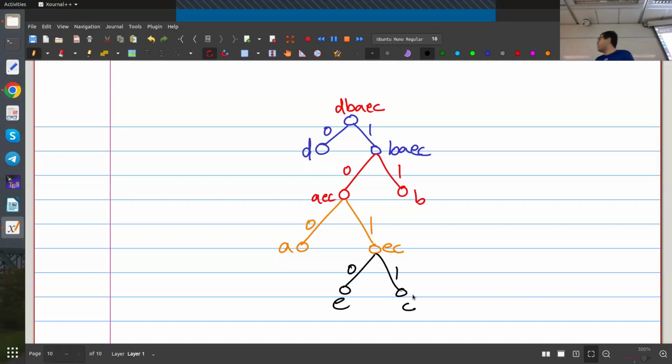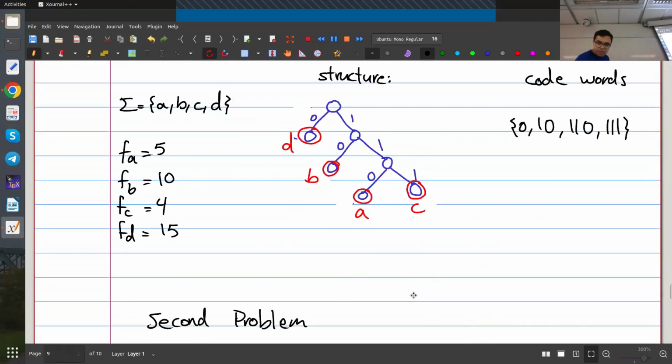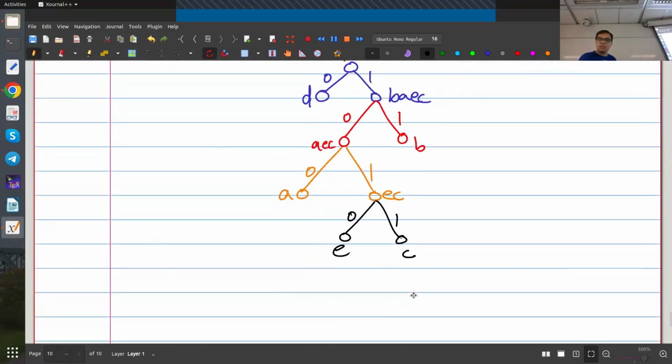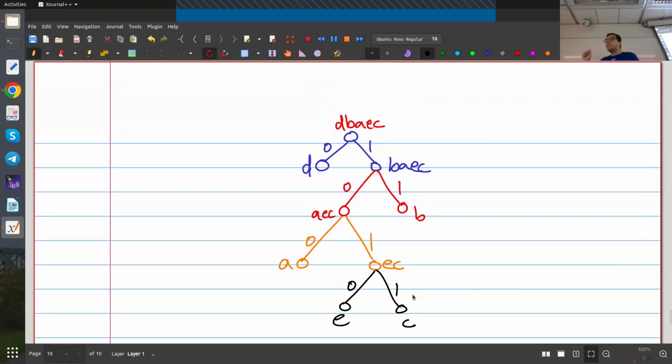So here's the thing. If someone had given me this tree, as in the previous problem, would I assign the letters to leaves in the same way? Yes. Because what did I do in my previous greedy algorithm, which was also optimal when I had this structure? I would just take the letters that have the least frequency and put them as far as possible from the root.